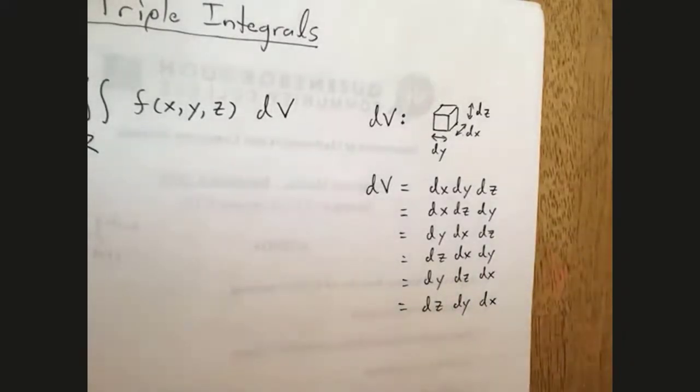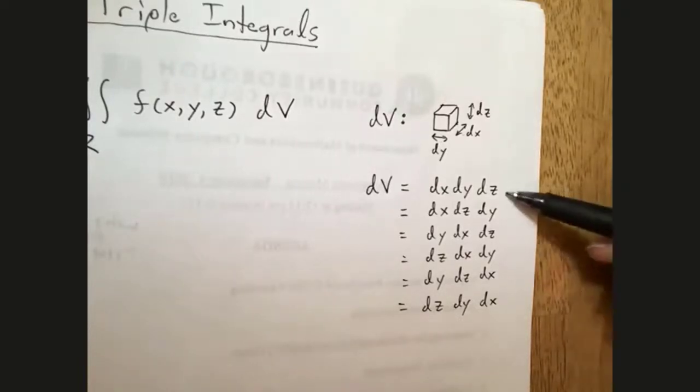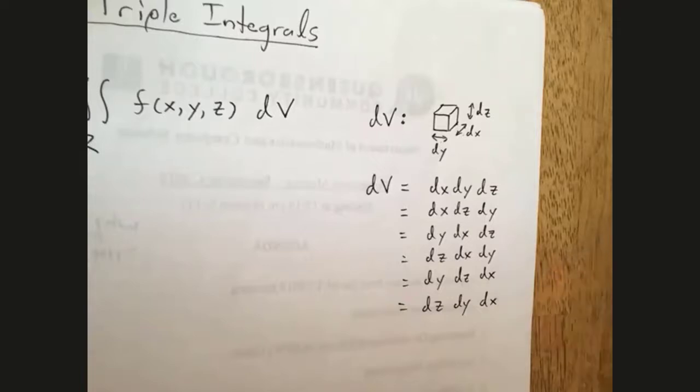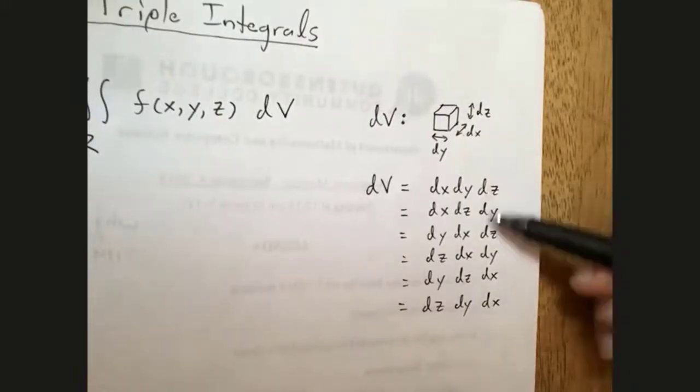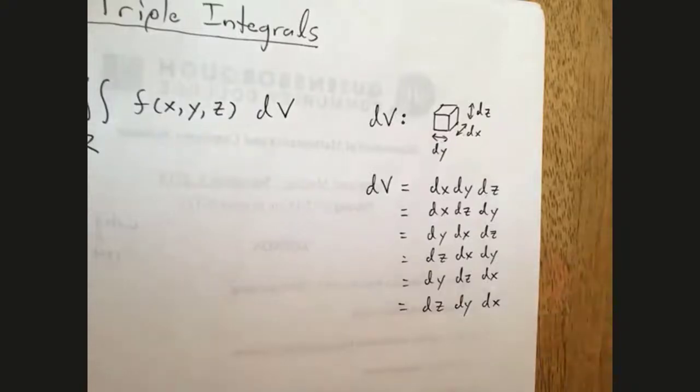There are 6 possible ways to arrange these dx, dy, and dz. Whereas for the double integral, we only had 2 ways, dx dy or dy dx, here we have 6 different ways to think about arranging our triple integral. In a lot of cases, there's more than one way that works, so you don't have to hunt through all of these to find it, but there are all these possibilities that we will have to keep in mind.